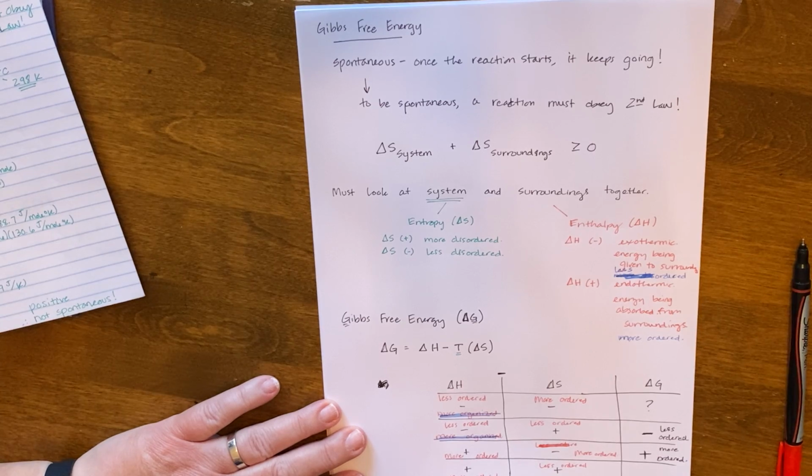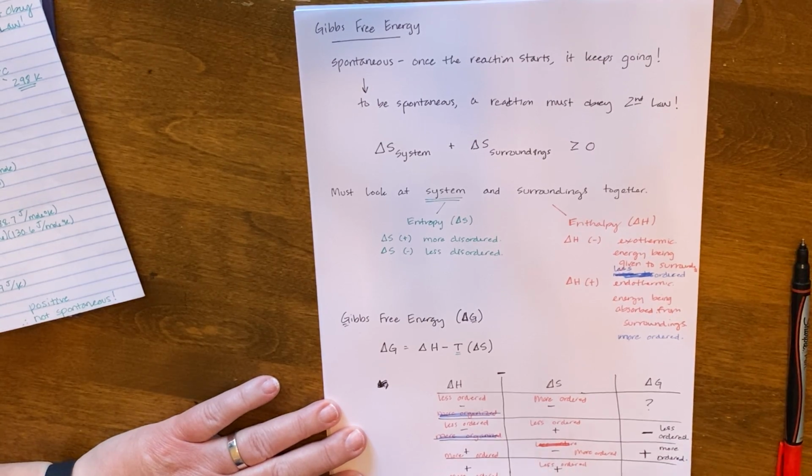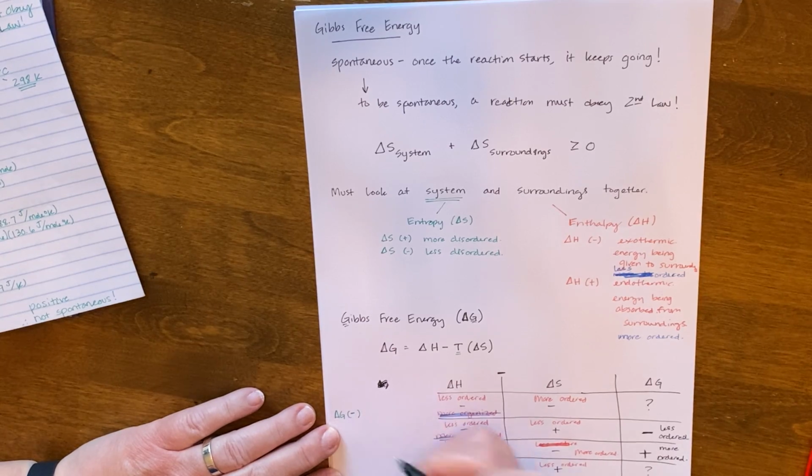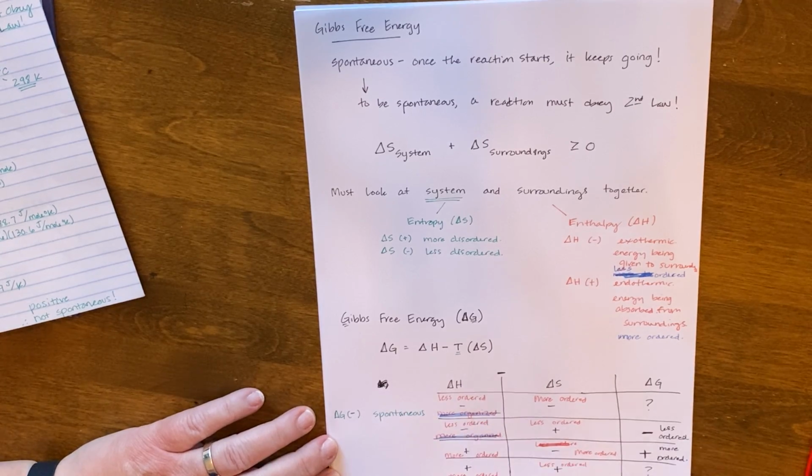And then finally, we have a more ordered surrounding and a less ordered system. So what will the result be? We don't know. Here we have a plus minus a plus, so depending on the numbers, we're not sure if this will be plus or negative. All of that to say, when delta G is negative, we have a spontaneous reaction.